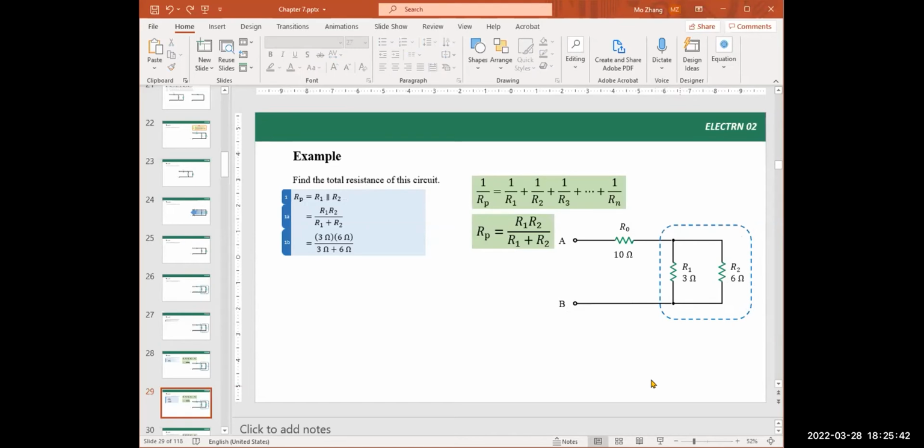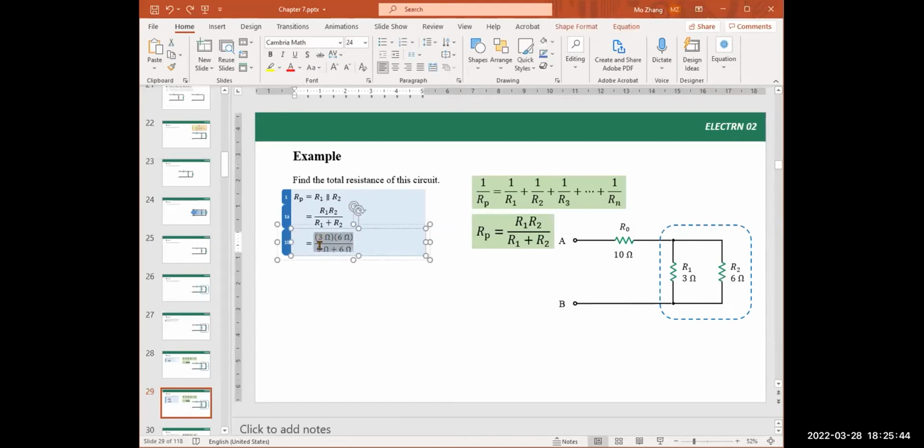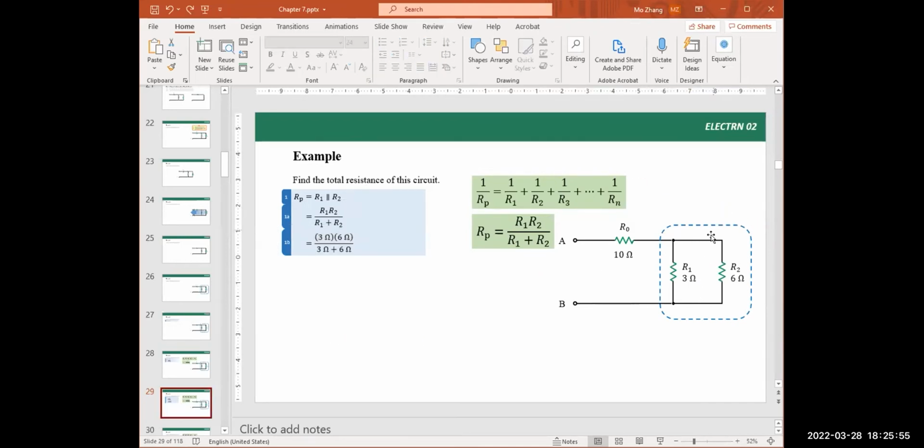So that is the formula for finding the total resistance in this sub-circuit, like this portion of the circuit, not the entire thing. We need to do this one first and then move to the next step.